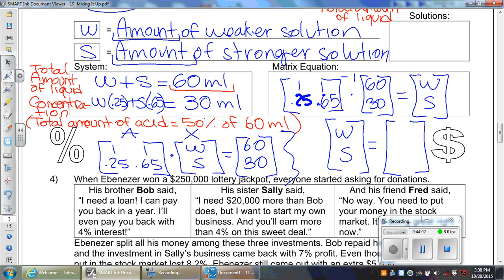So remember, you need to enter this matrix 1, 1, 0.25, 0.65. Use the inverse. So you use that exponent of -1, and then you multiply it times 60 and 30. Okay, what do you get, Andrew?